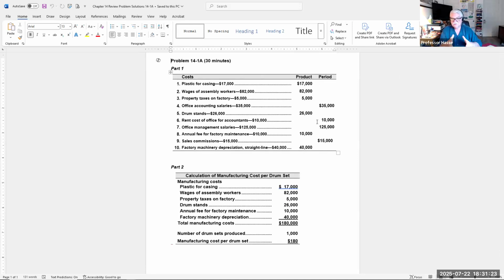All these costs are associated with producing 1,000 drum sets. So the cost to produce one drum set for this company in this period of time is $180.